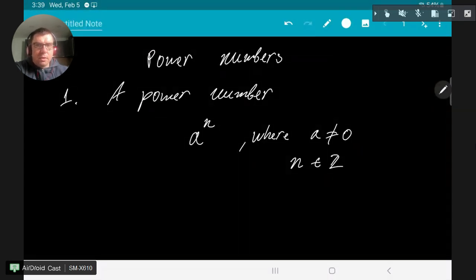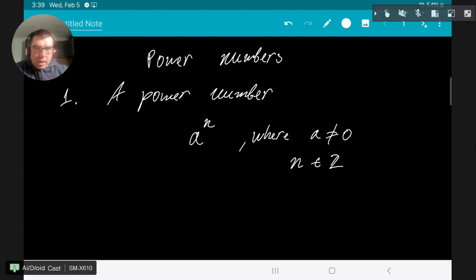So n is a whole number. It can be positive, it can be negative, it can be 0, but we're not going to deal at this point with fractional exponents. So we don't want to have, for example, 2 to the power of, let's say, 0.5. We are going to discuss those numbers much later. They're much more difficult to calculate.